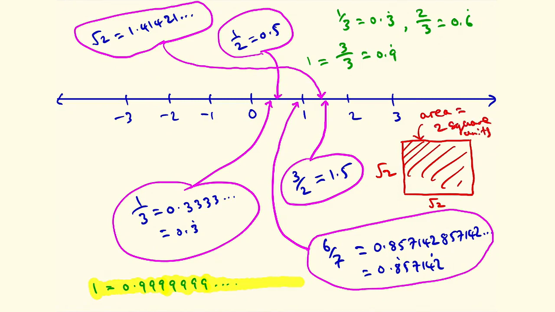Now there's another number, very important number on this line, a little bit more than 3. This number is called pi. And its decimal expansion is 3.14159 and so on.